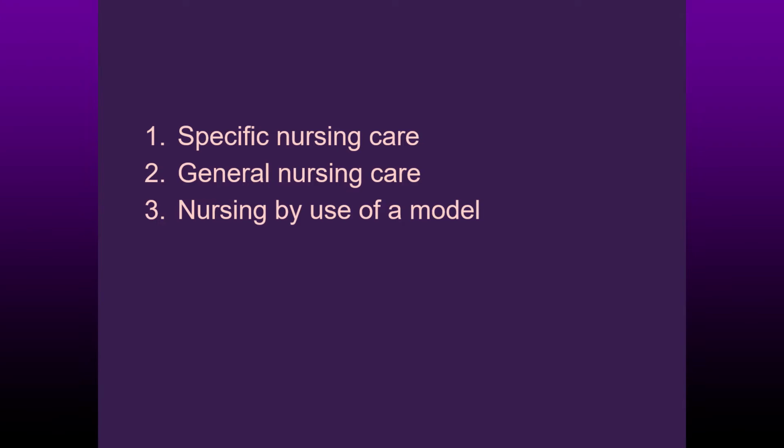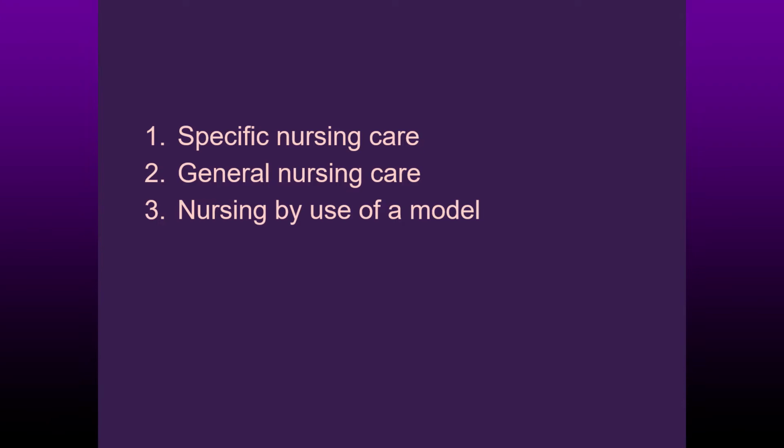Then on the other hand, the examiner might be requesting you to provide just general nursing care to this psychiatric patient. It's not specific. You don't really have to talk about anything specific to that condition. You just have to provide that general nursing care. Okay. Sometimes the examiner might specify to say you have to nurse this patient using a nursing model.